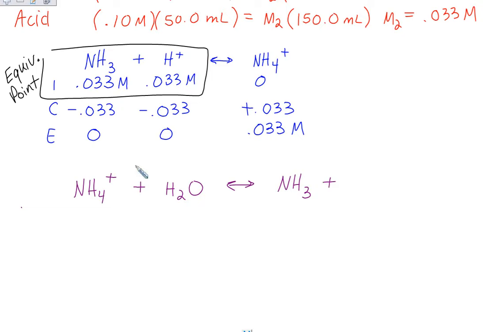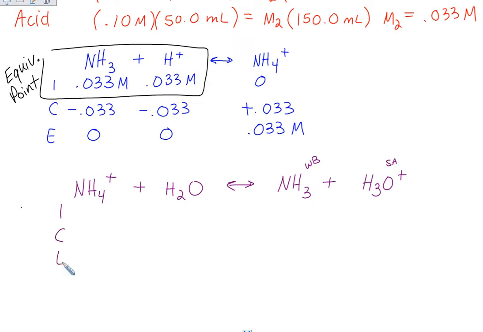And that extra hydrogen will be attracted to water in the solution, which would become H3O, the hydronium ion, sign of an acid. That makes me excited. So what we're going to form is a little bit of weak base, a particle that's weakly basic, and a particle that's more acidic. If you left water out, you would just have ammonia and hydrogen, and that would be totally acceptable. That would be totally fine.